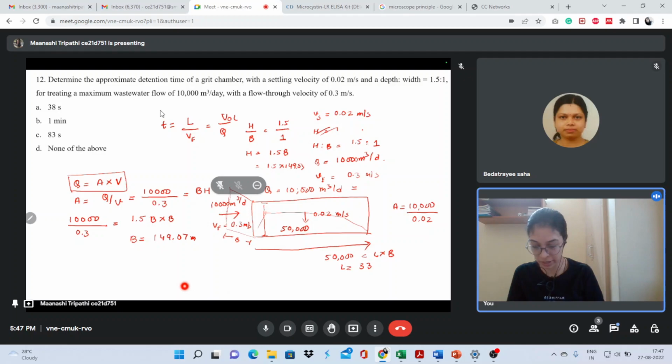So 10,000 divided by 24 divided by 3600, we will get 0.1157 meter cube per second. So these things will change.